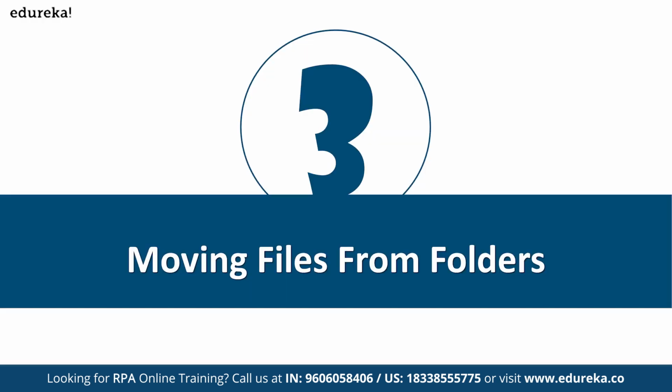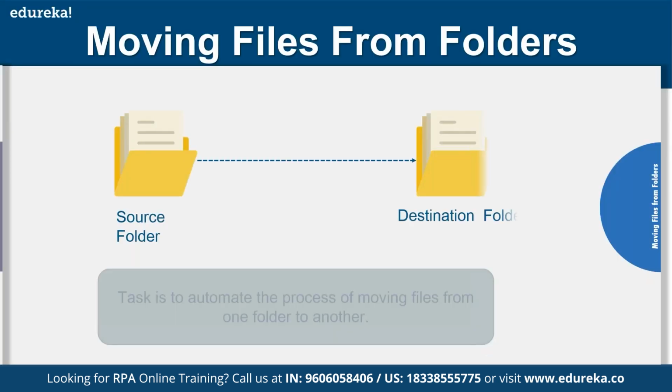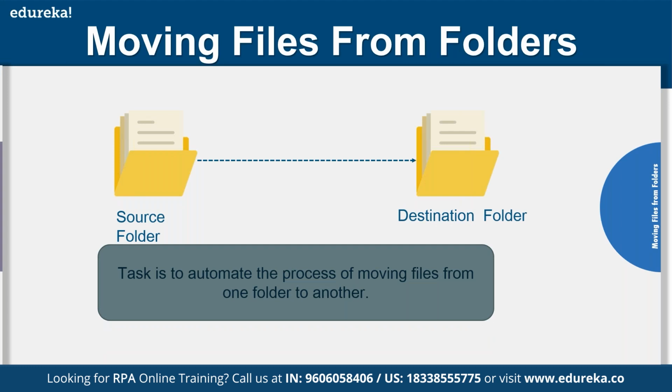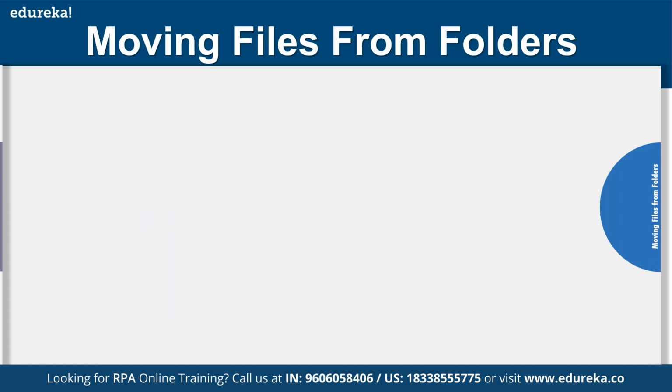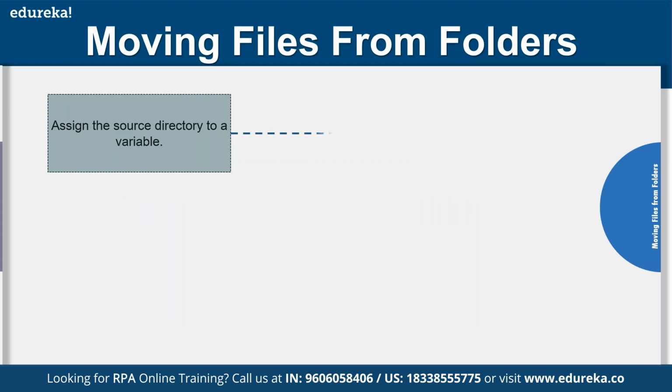Before that, to move the files from one folder to another folder, what is required? In the theoretical part, what all do we have to do in UiPath to move files from one folder to another? We need a source folder and a destination folder, and we have to create an automation to move the files from source to destination.